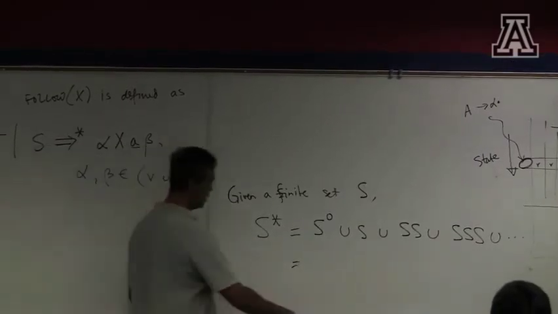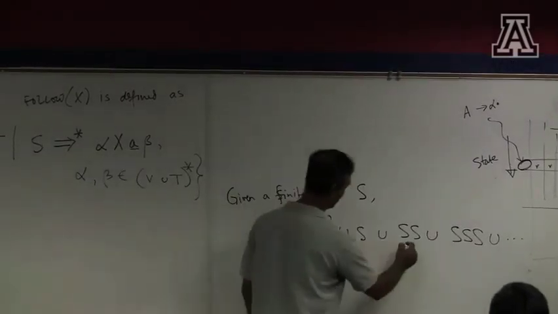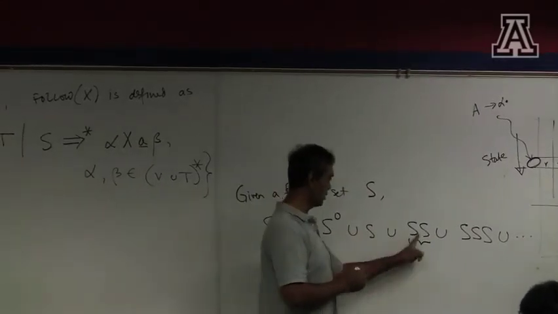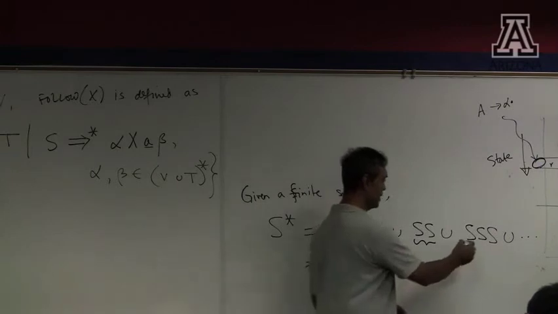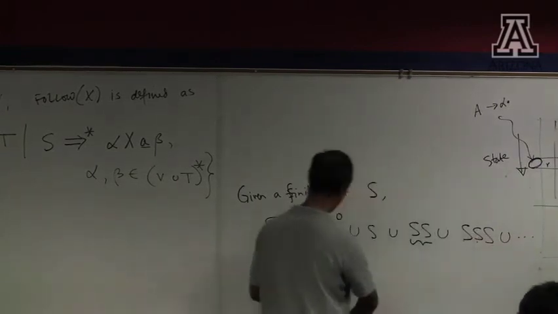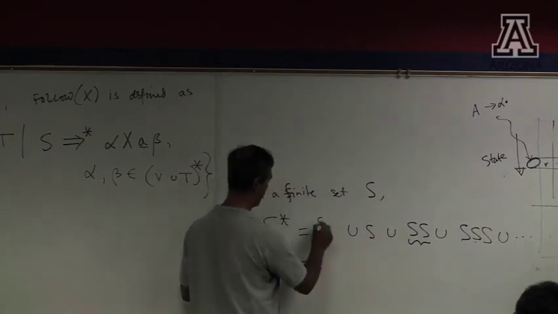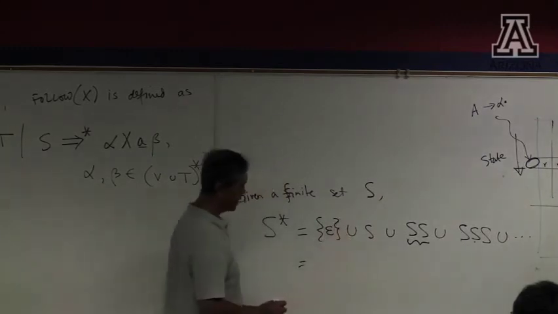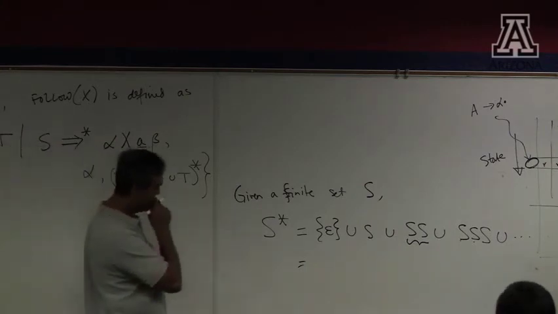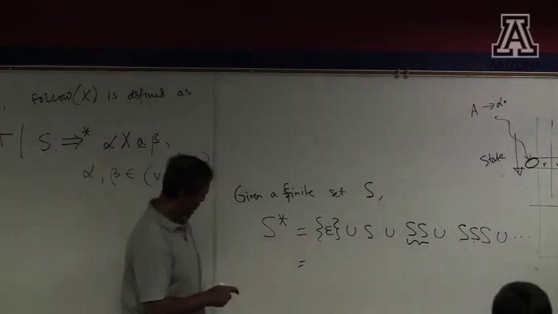This is S concatenated with itself, and so on. S to the 0 is the empty sequence, which is different from the empty set. Okay? So that's the mathematical definition.